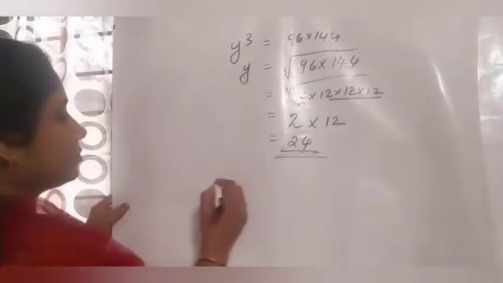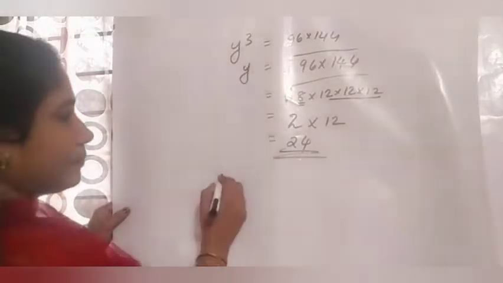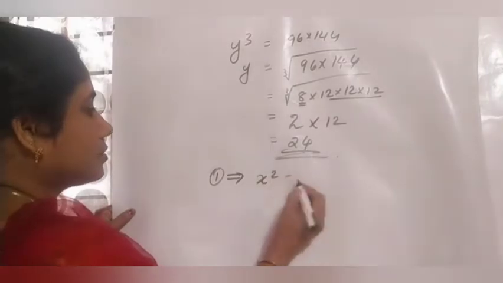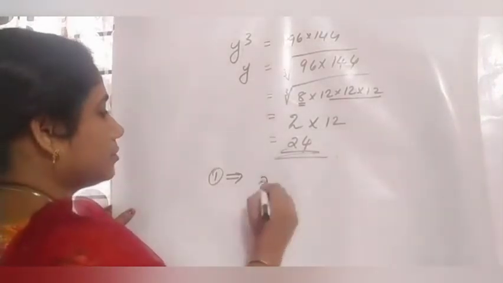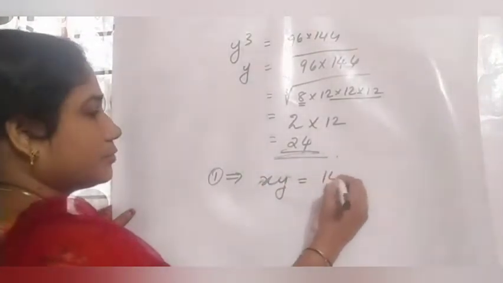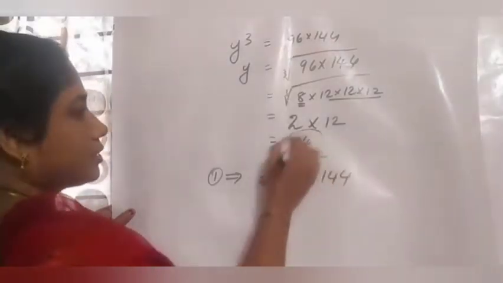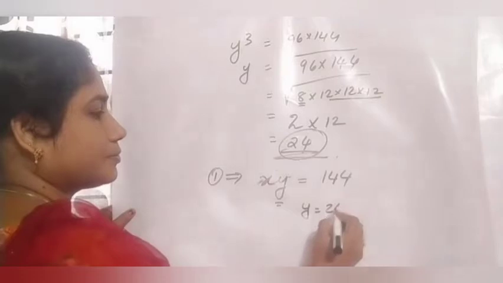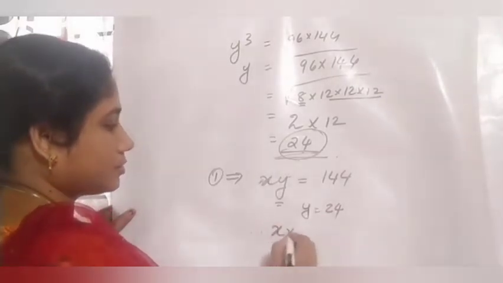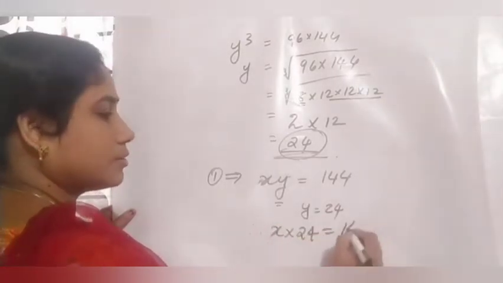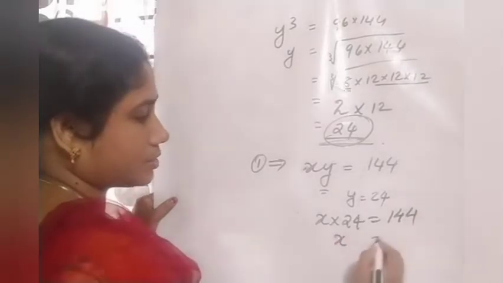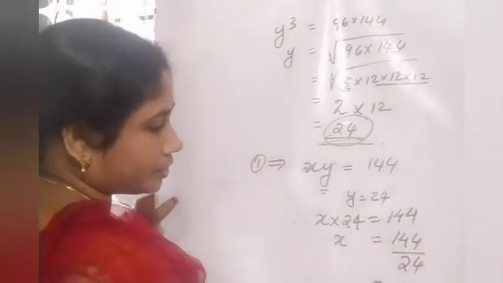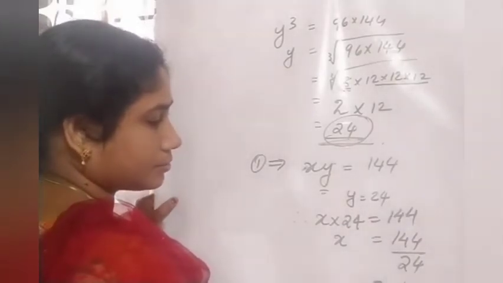Now substitute this value in equation number 1. xy equals 144 and here y is 24. Therefore x into 24 equals 144. x equals 144 by 24, which is equal to 6.